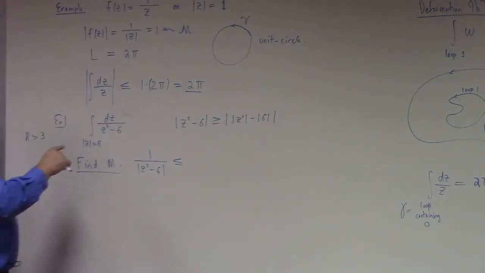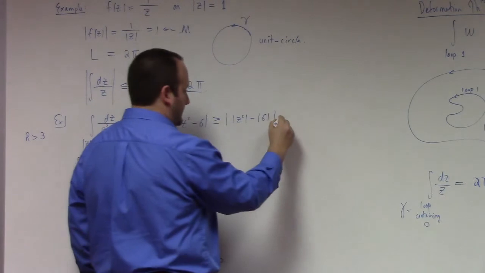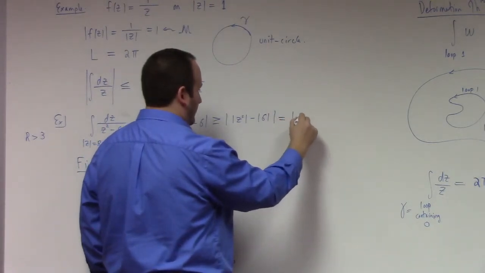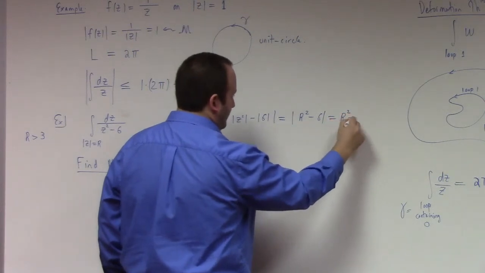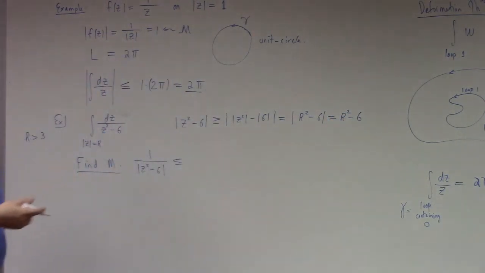So what is this actually equal to for us? This is equal to r squared minus 6, because we're assuming that r is greater than 3, so r squared wins over 6.